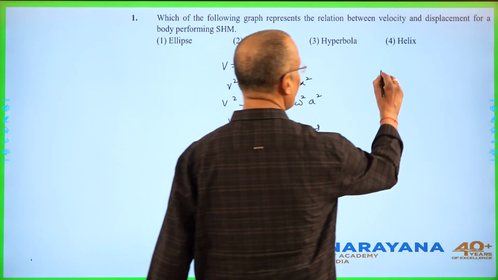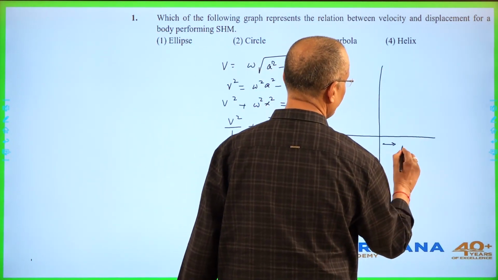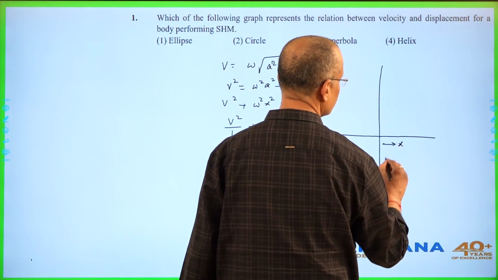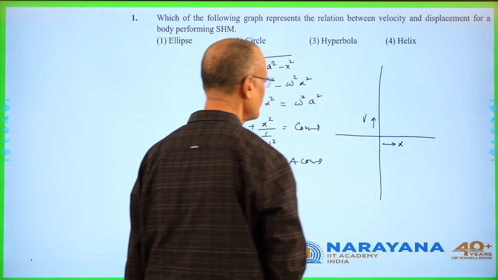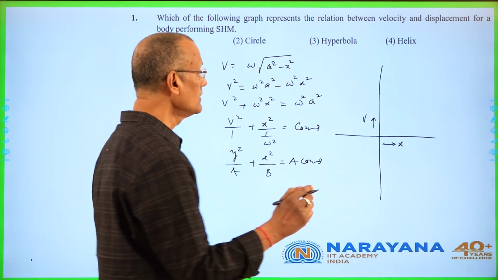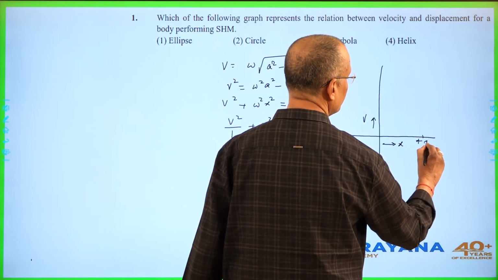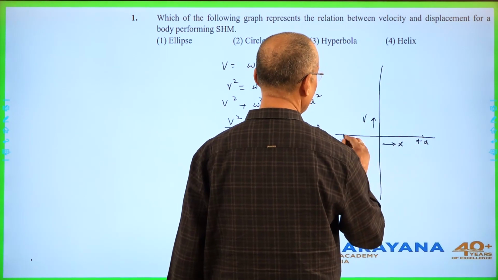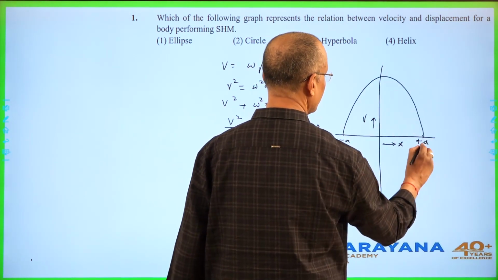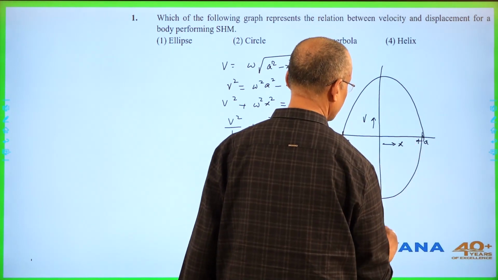So if I plot the graph by taking displacement on this axis and velocity on this axis, the graph will be ellipsoidal. This value will have maximum amplitude here, minus a. It will become ellipsoidal like this.